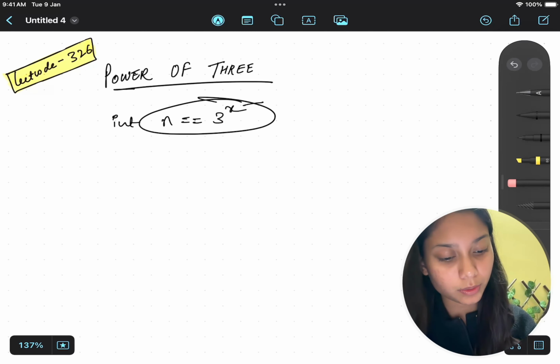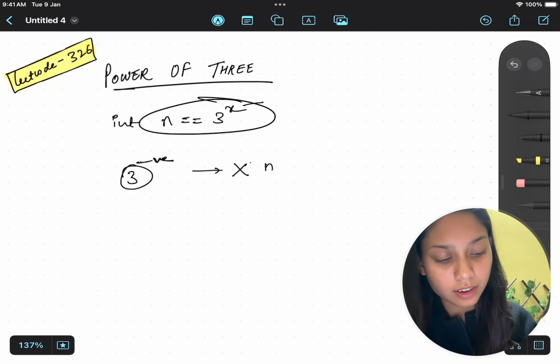The base case of this solution is, first of all, as stated in the examples, that n cannot be negative. So 3 raised to any power cannot give a negative n. So for that we have to return false.